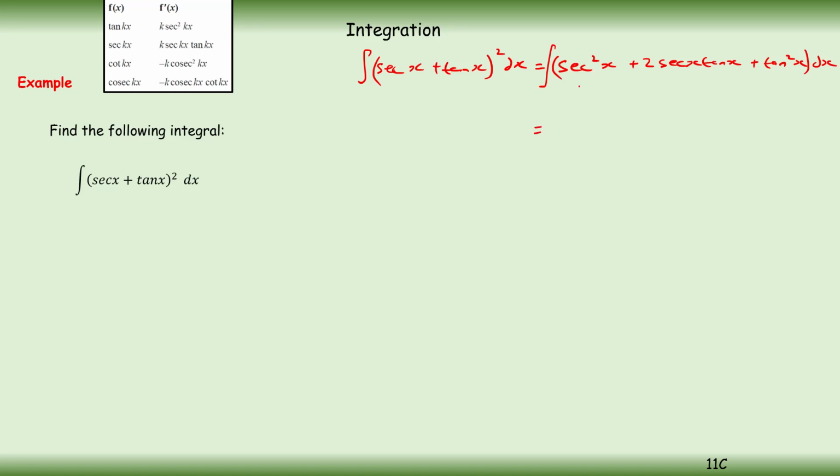Okay, well, when I want to integrate that, I can integrate sec squared x, that gives me tan x. I can also integrate sec x tan x, that gives me sec x, and tan squared x I can't integrate because of the first example we did. We had a bit of trouble integrating that, so we changed it. Remember, we did sine squared x plus cos squared x is equal to 1. We changed this identity.